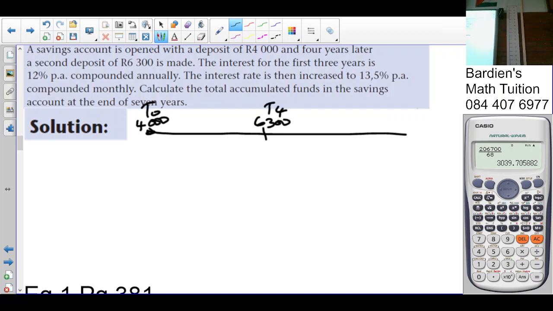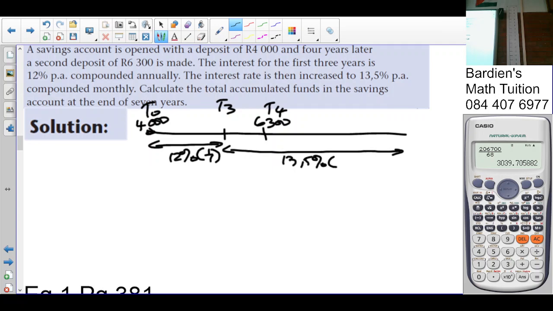The interest for the first 3 years, T3, is 12% per annum compounded annually. Then the interest rate increases to 13.5% per annum compounded monthly. Calculate the total accumulated in the savings account at the end of 7 years.